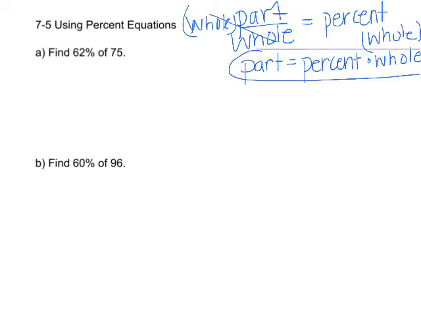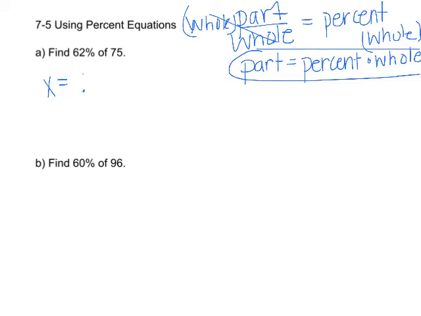And this is what our percent equation looks like. So we're going to find 62% of 75. And it's very similar to our last section where we're looking at what number is 62% of 75. My part I'm unsure of because I don't know what that 62% is. So we're going to call that X equals, and then I'm going to change my 62% into a decimal.